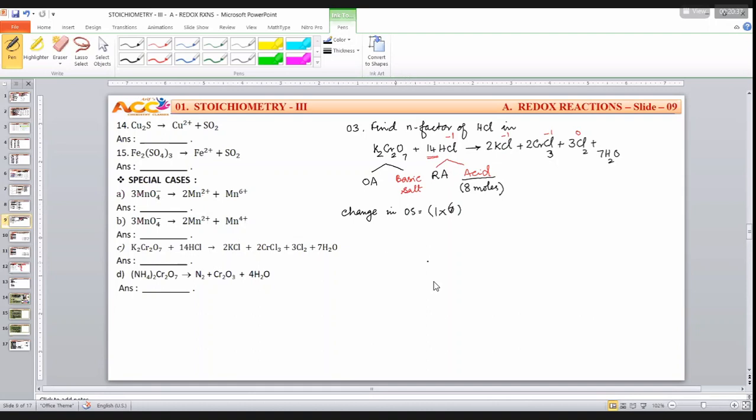What is N factor? Very simple, sir. Change in oxidation state per mole of substance. 14 moles of HCl, we are having 6 moles of electrons.